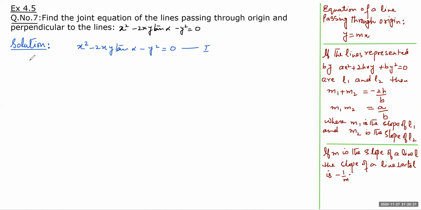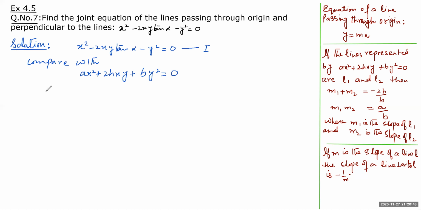We compare it with the standard homogeneous quadratic equation, ax square plus 2hxy plus by square equals to 0.